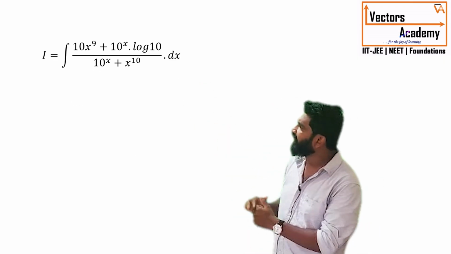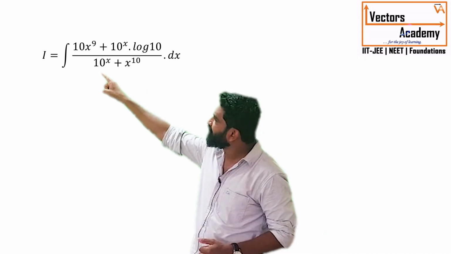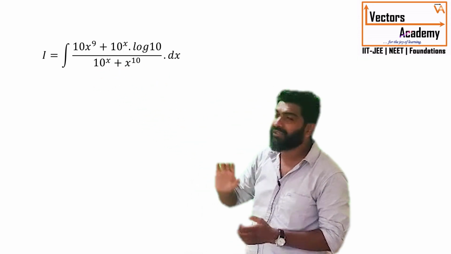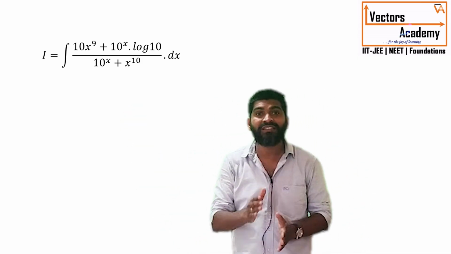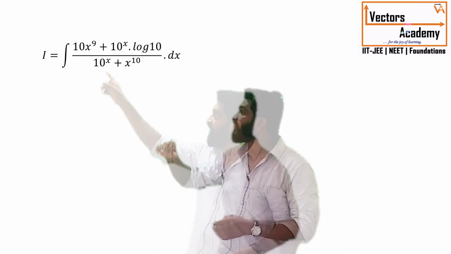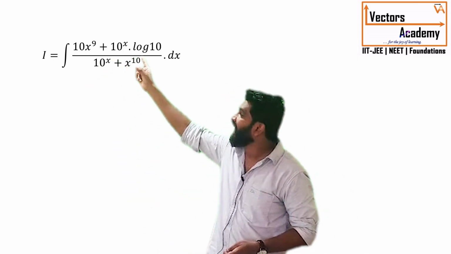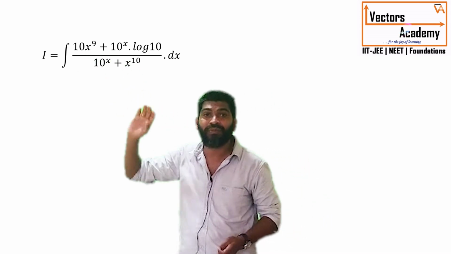If you look carefully at the denominator, just look at the denominator, 10 raised to x plus x raised to 10. What is the derivative of this term? We know the derivative of a raised to x is a raised to x log a. So the derivative of 10 raised to x is 10 raised to x into log 10, which is there in the numerator. As well as derivative of x raised to 10 is 10x raised to 9, which is also present in the numerator.